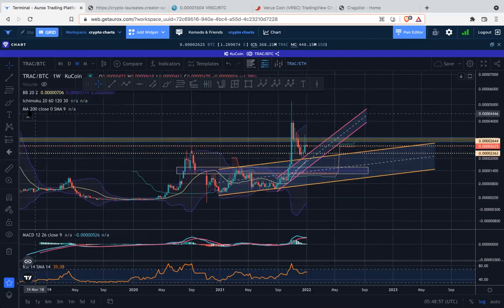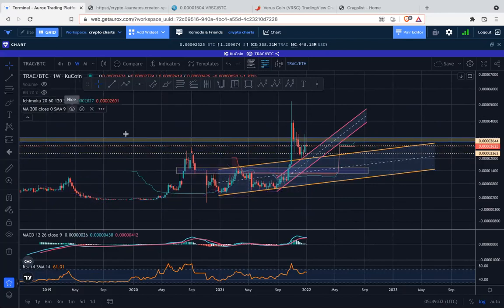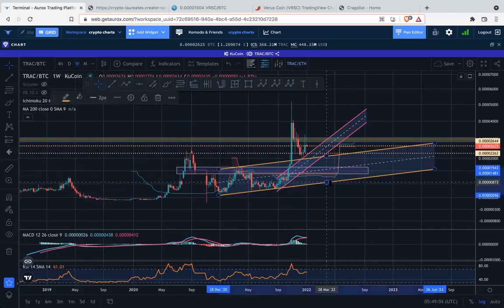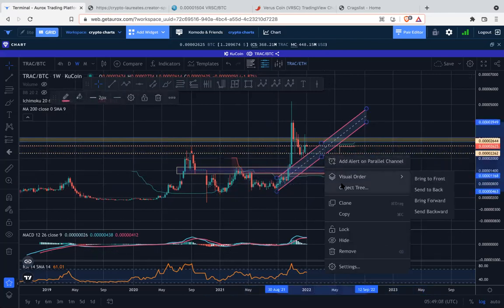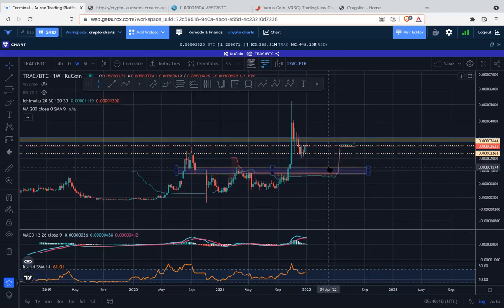The Ichimoku cloud is here vertical, and so looking like the price could eventually cut through that and maybe find support at these significant levels here.